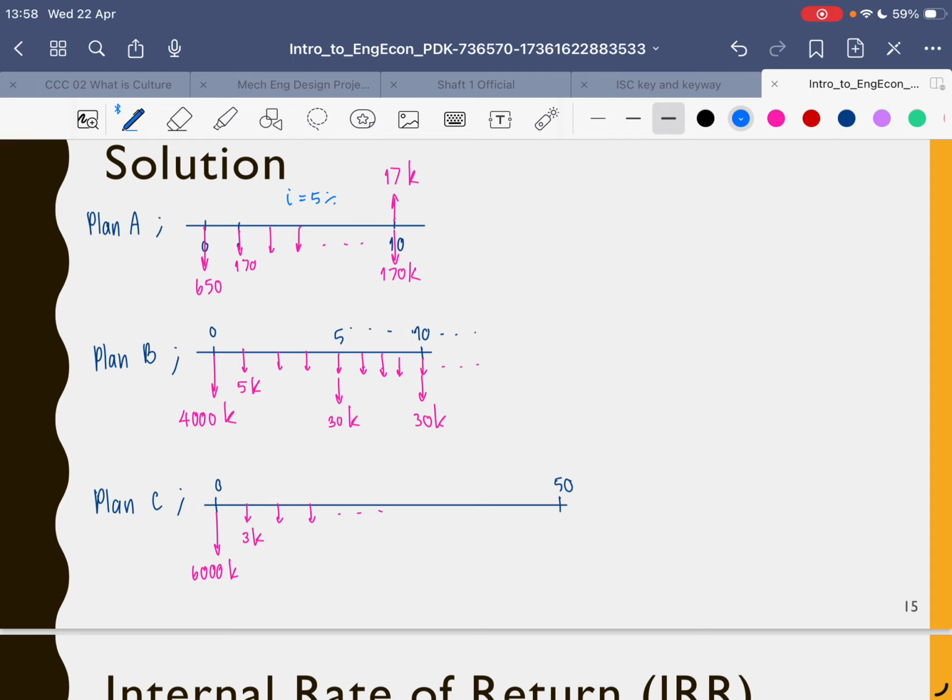Calculating the annual worth of option A is simple because it's the same thing that we have done so far.